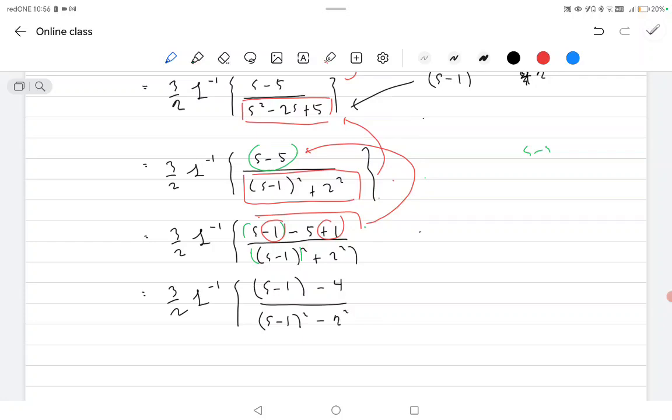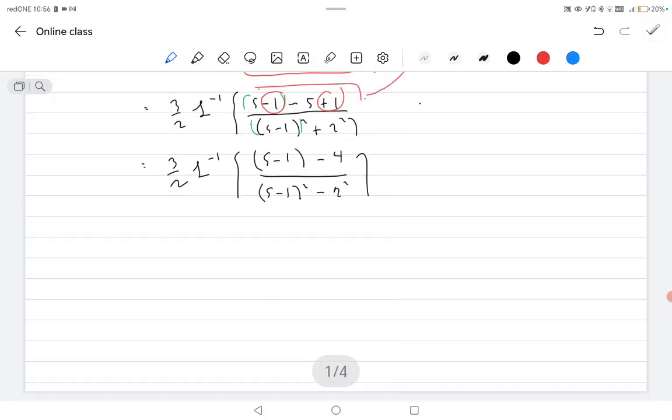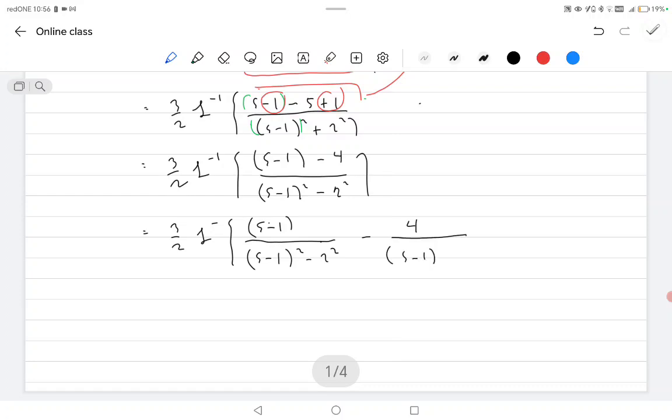And then we can have 3 over 2 inverse Laplace of (s minus 1) over ((s minus 1) squared plus 2 squared), minus 4 over ((s minus 1) squared plus 2 squared).